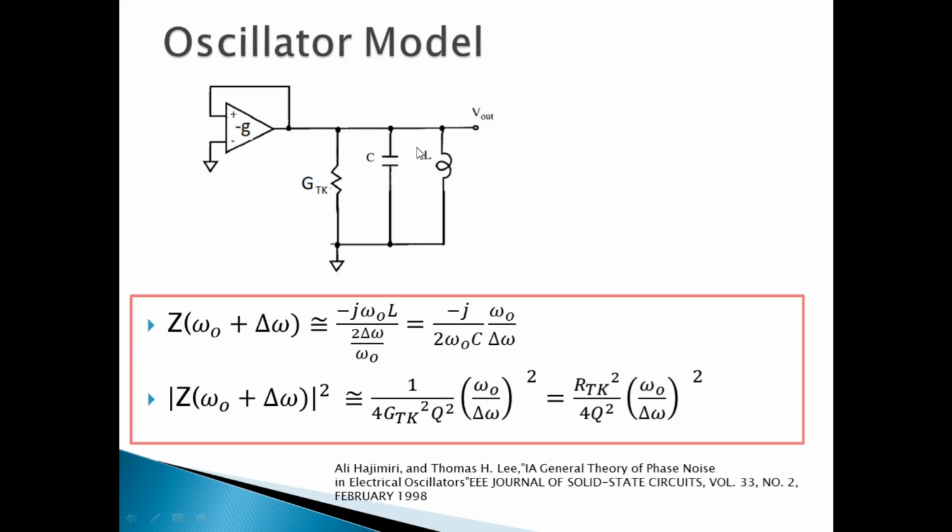In order to calculate its value, we need to multiply the power spectral density of that current source with the square of the absolute value of the tank impedance, and the square is important because we are dealing with power.